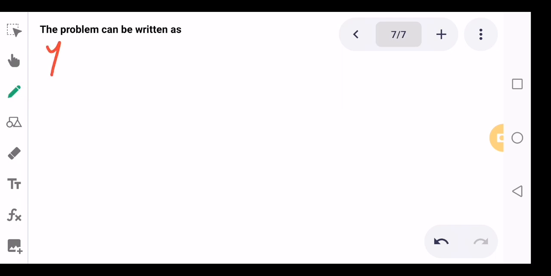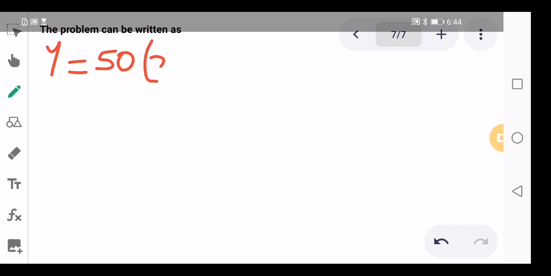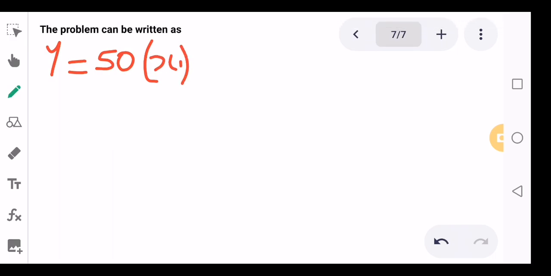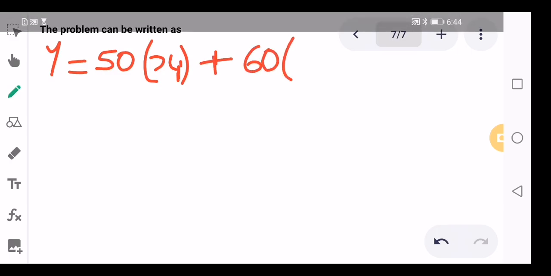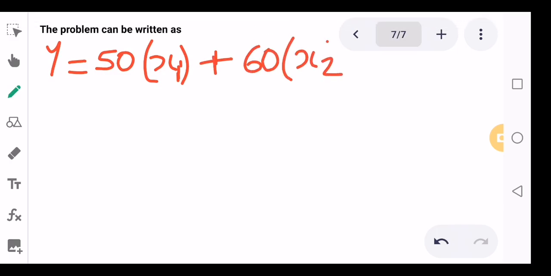So the first linear equation, that's the objective function, is y is equal to x1 into 50 plus x2 into 60. Y is the total profit. Y is equal to 50 into x1 plus 60 into x2. This is your objective function.